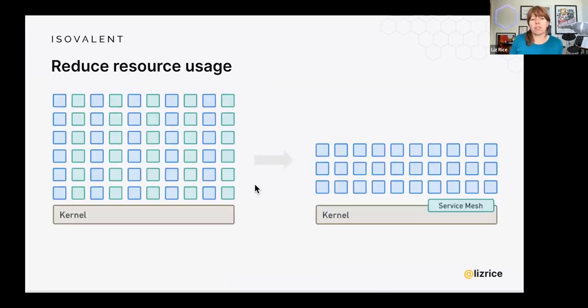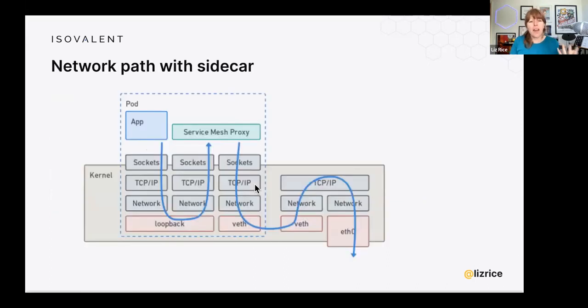So the resource usage becomes improved because we only need one instance of the Service Mesh proxy per node rather than one instance for every pod. The network path in a sidecar model is really quite convoluted.